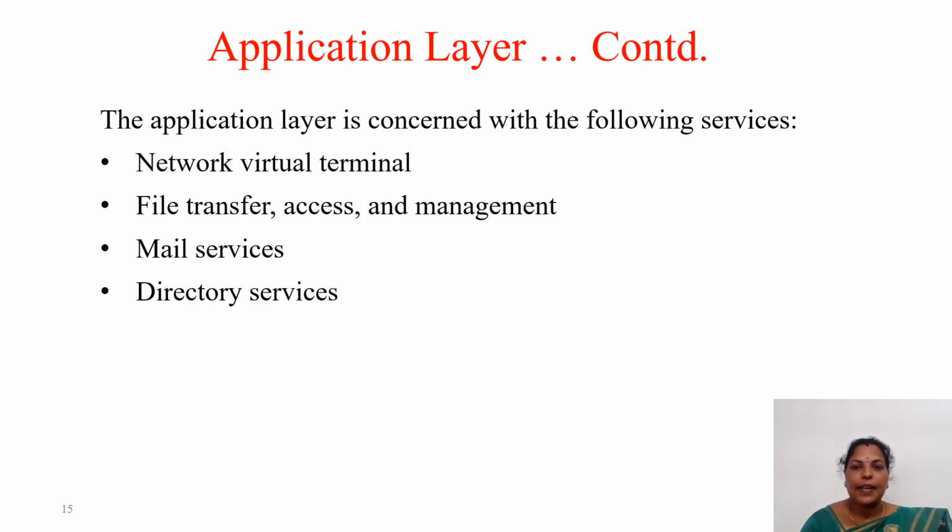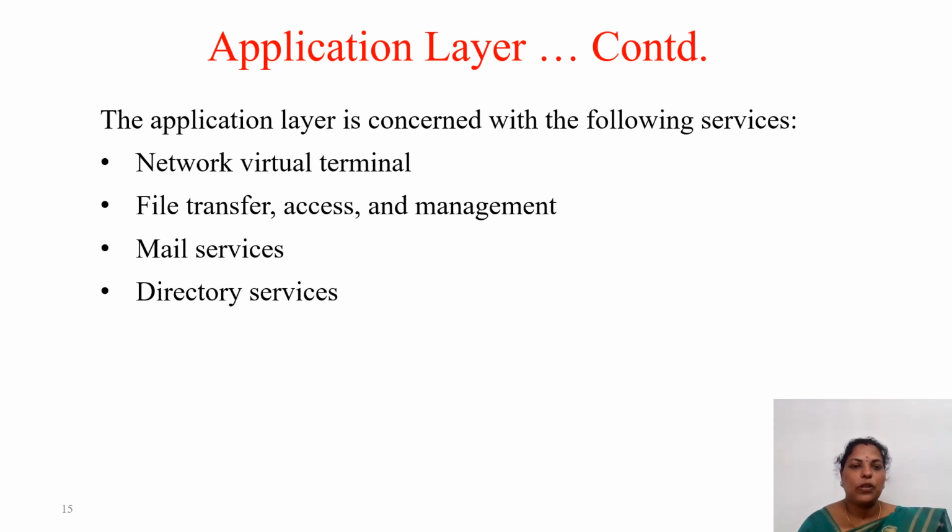So the application layer is concerned with the following services, like network virtual terminal. Virtual terminal in the sense it is providing one virtual terminal. So whatever the user program, that goes to the virtual terminal only, but the user may feel that we are using the exact or original terminal, but that is not the case. It moves to the virtual terminal, and from the virtual terminal only we are accessing everything.